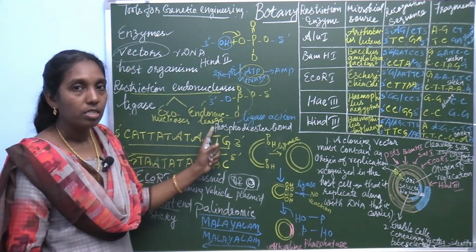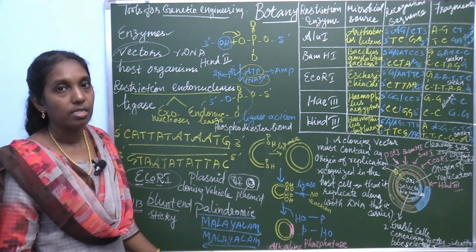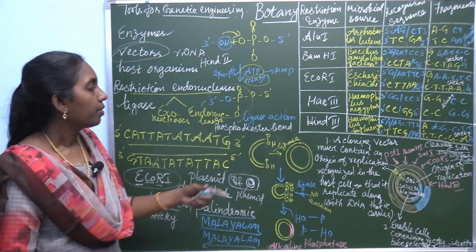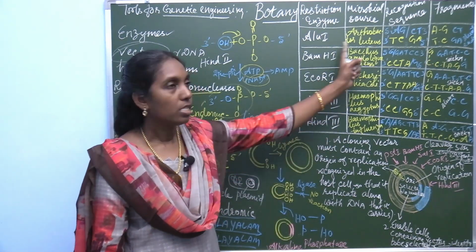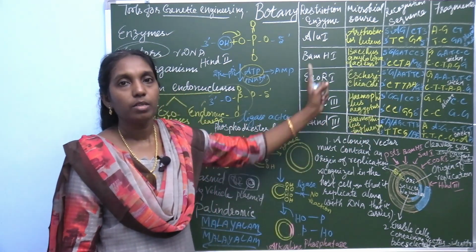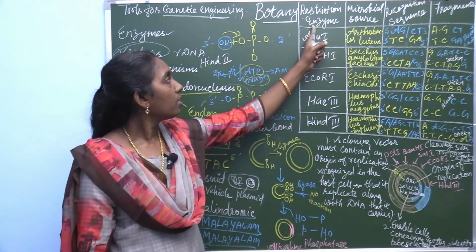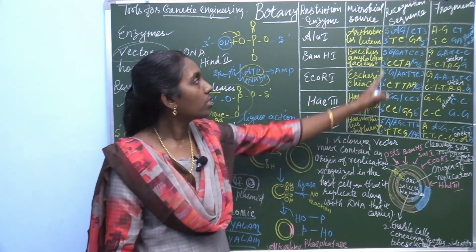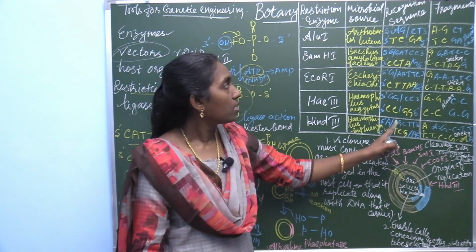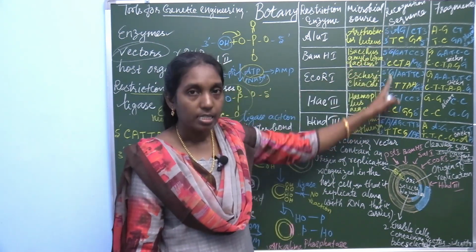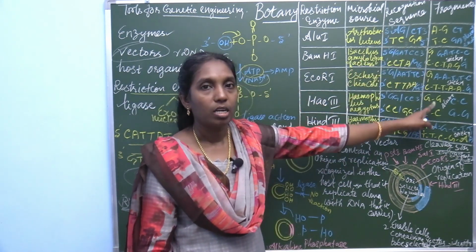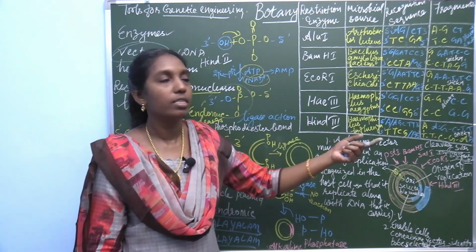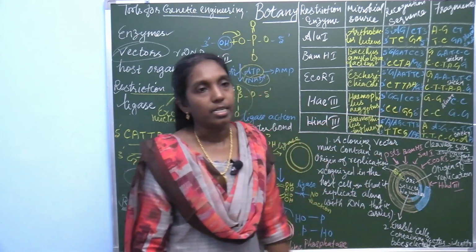Today you learned restriction endonucleases and how they act as molecular scissors. Then there is a table given in your book. Learn the type of restriction enzyme, the microbial source, the recognition sequence and the fragments, how it cuts, whether it cuts in blunt ends or sticky ends.